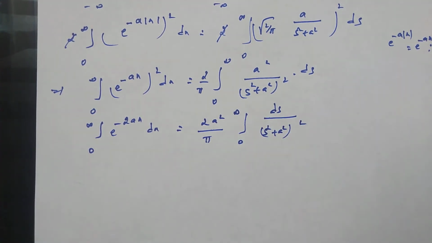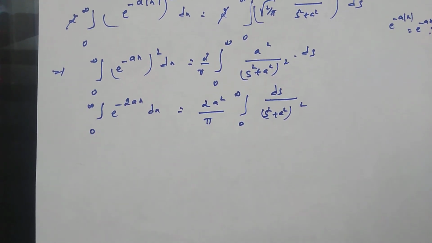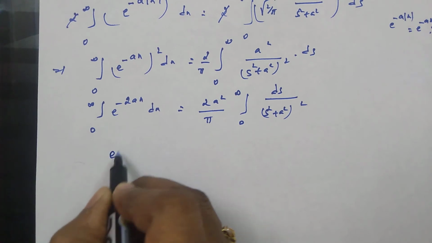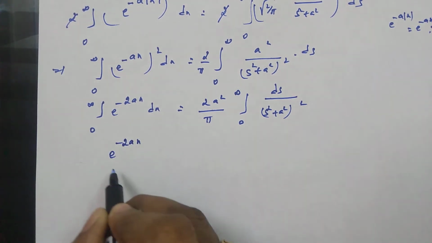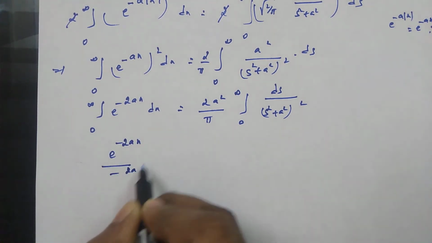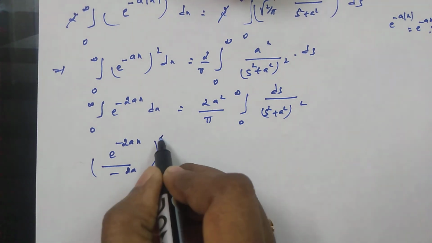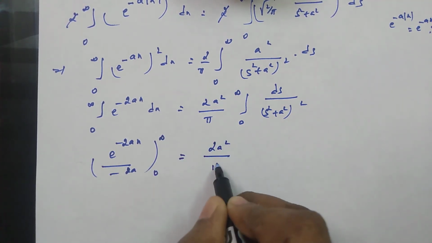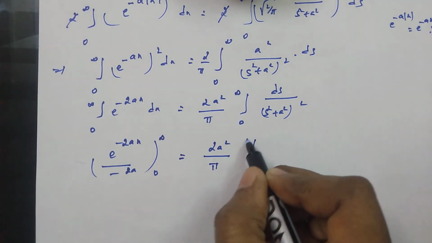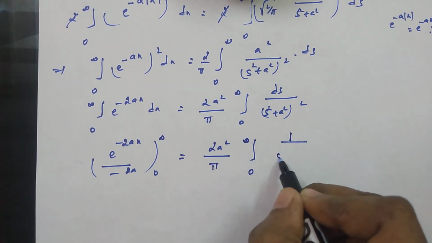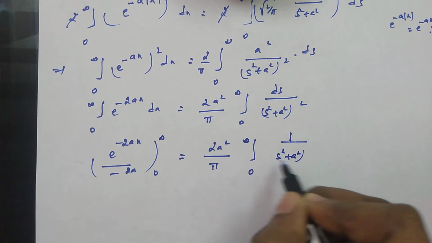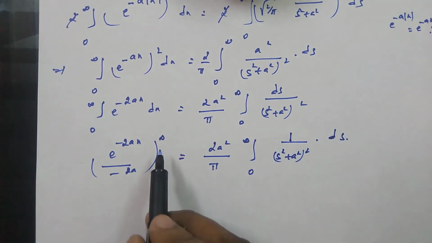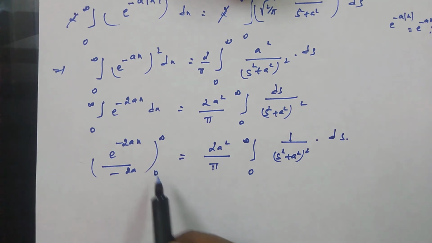Now e power minus 2ax, and this one we are going to integrate. E power minus 2ax integration is e power minus 2ax divided by minus 2a with the limit 0 to infinity. And here it is 2a square by pi integral 0 to infinity 1 by s square plus a square the whole square into ds. Now upper limit is infinity, lower limit is 0.